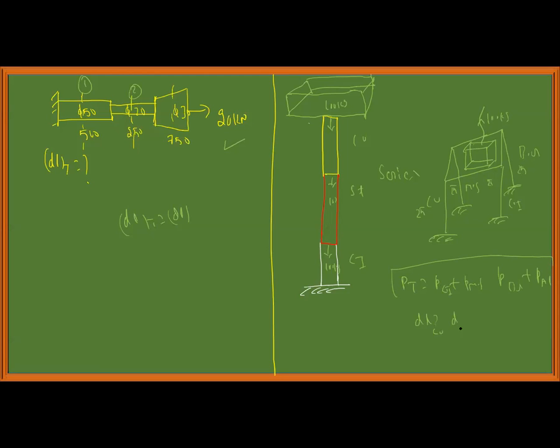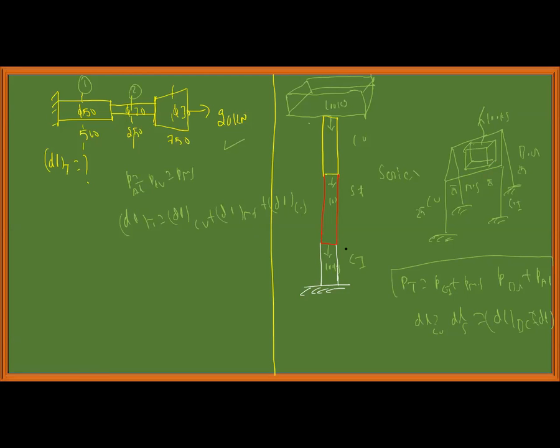Deformation in copper, steel and brass is the same. All four members have the same deformation, but the load is shared. Whereas in the series case, load in aluminum is equal to load in copper and load in mild steel, but the deformation is the sum of deformation of each section.